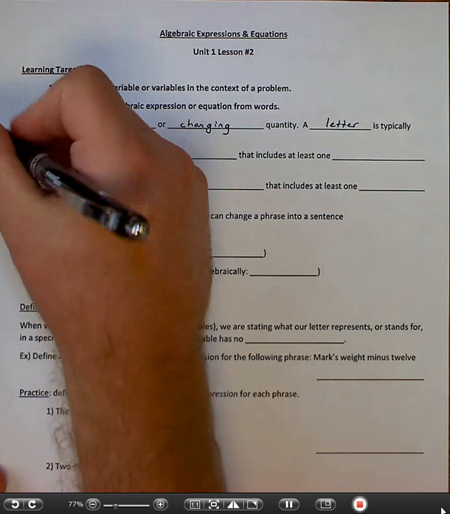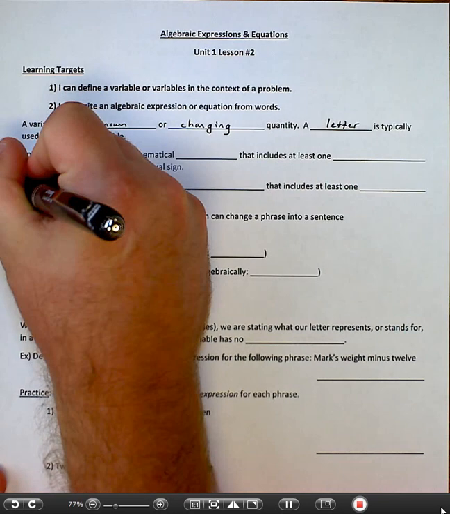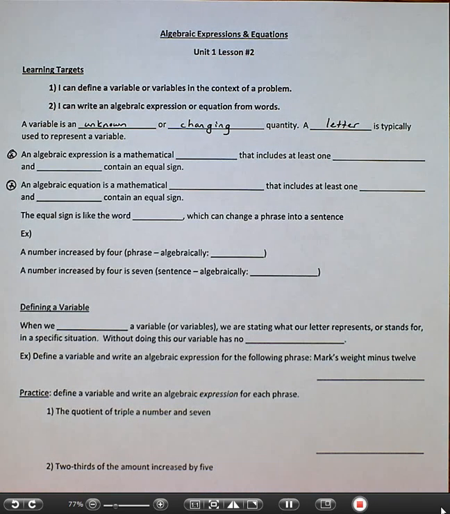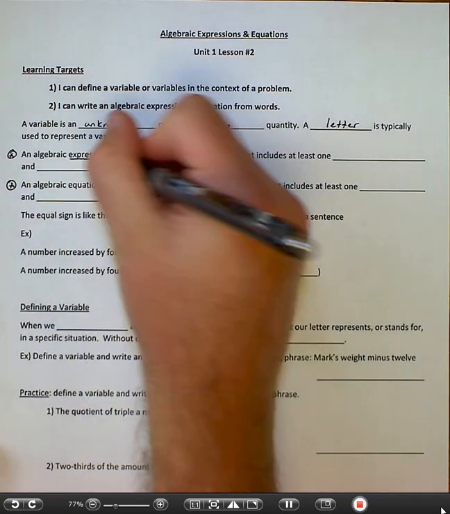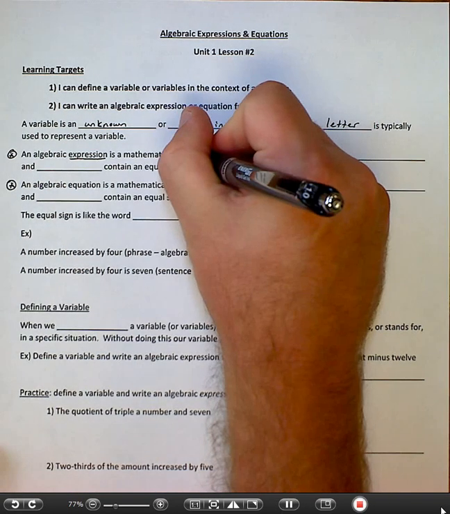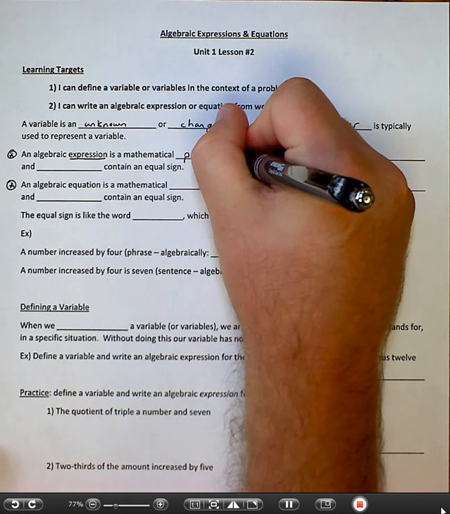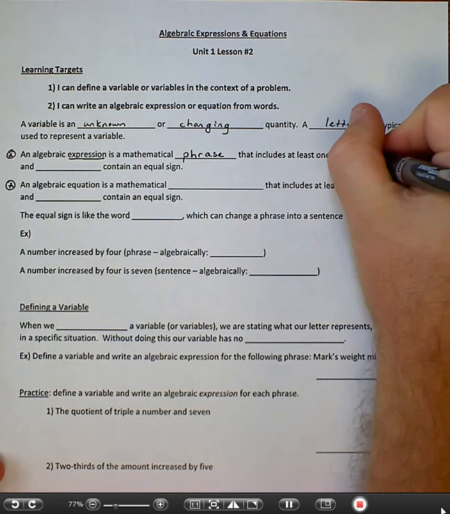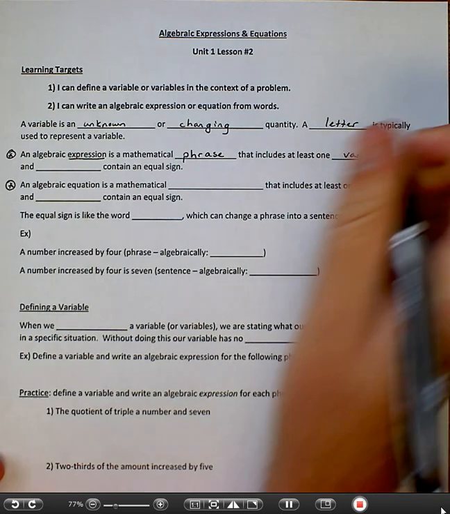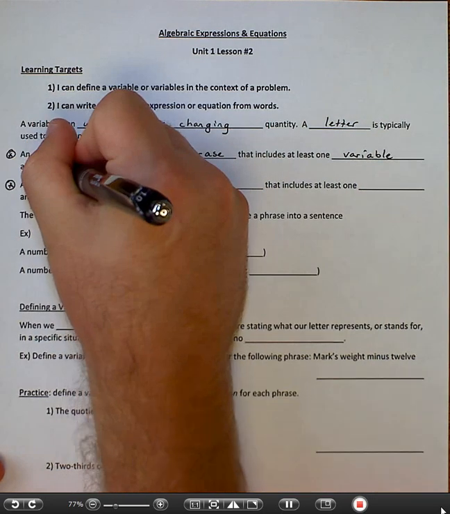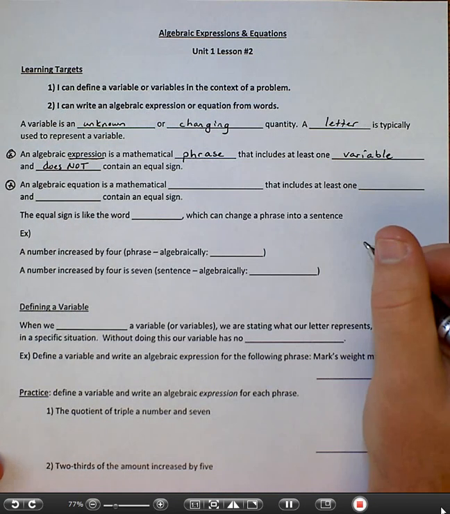These two things here are big. This can tell you a lot when you see them in your instructions. If you understand the difference between the two, it helps a lot. An algebraic expression is a mathematical phrase that includes at least one variable and does not contain an equal sign.